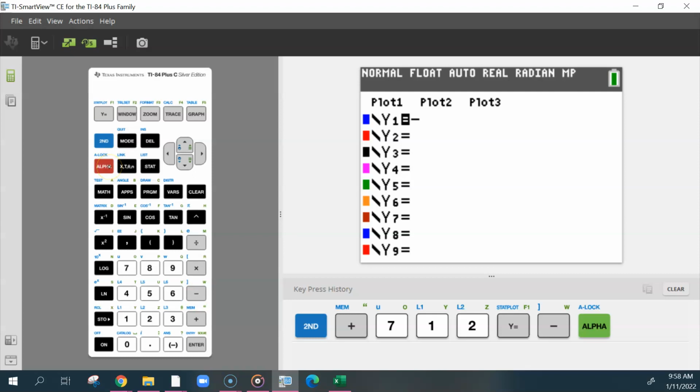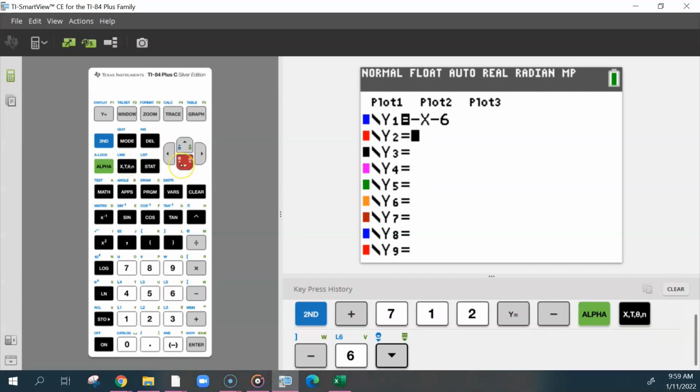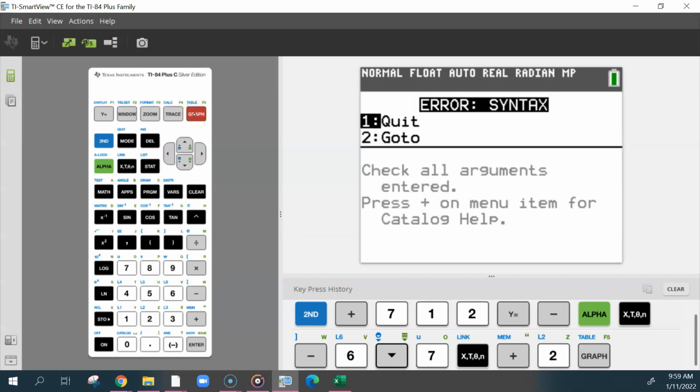Negative x minus 6 and 7x plus 2. Negative x minus 6. Once you have both those in there, you're going to hit graph.